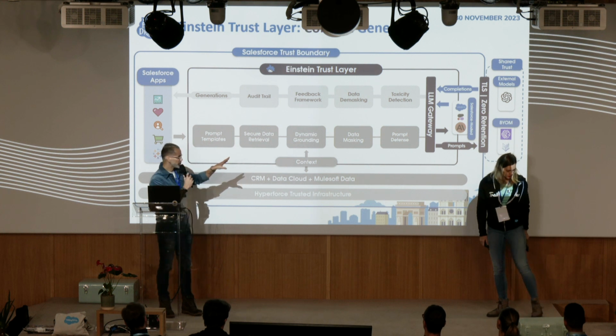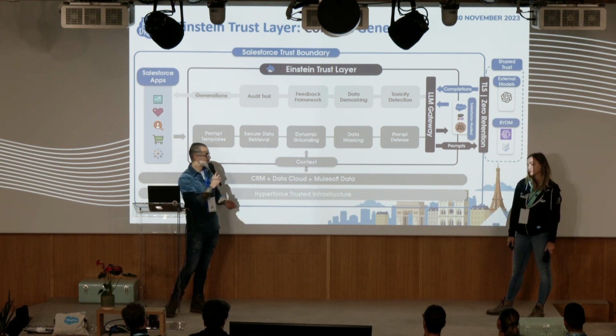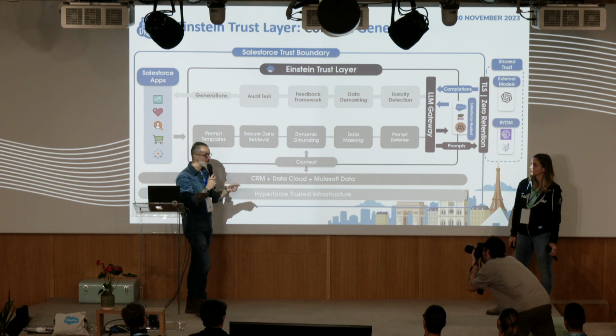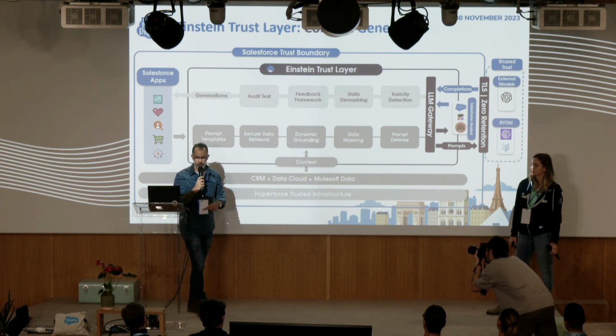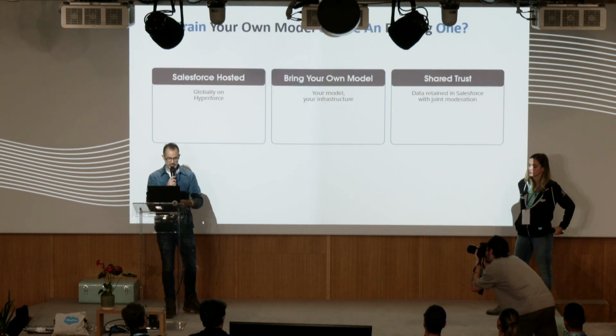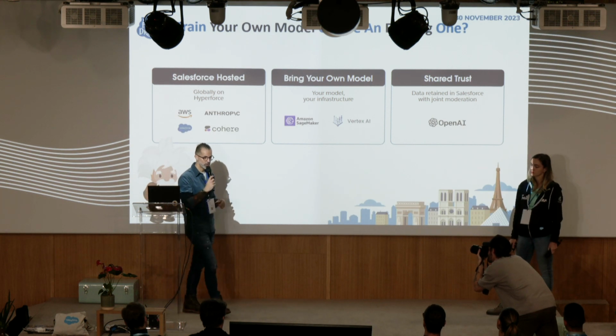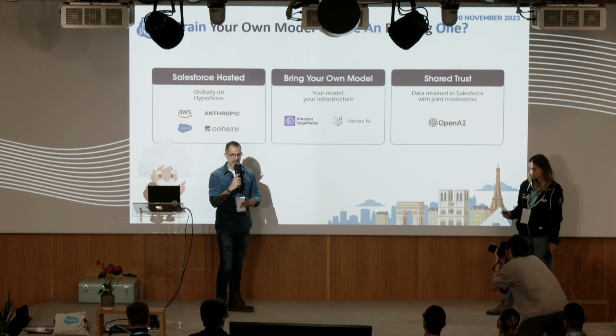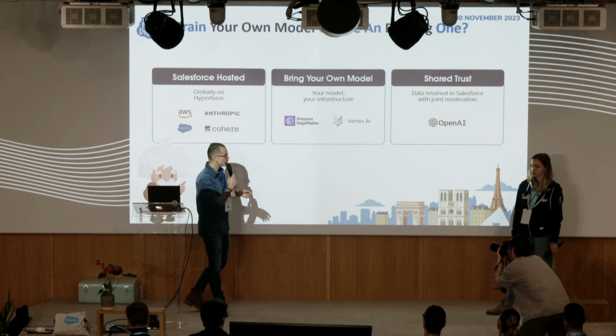Or you can use external models. Last option, you can also bring your own model. The good thing is you have different options. So which one to use? You can either train your own model or just rely on an existing model.